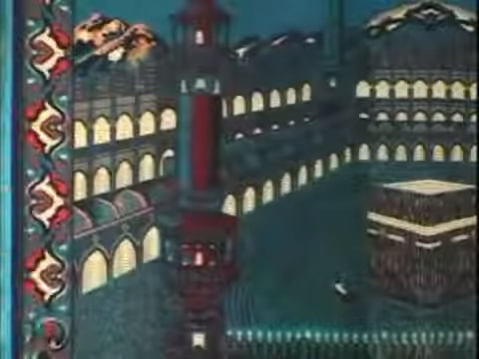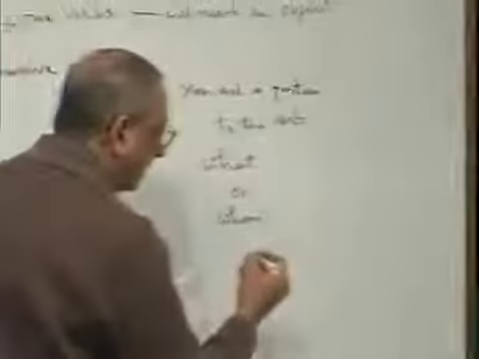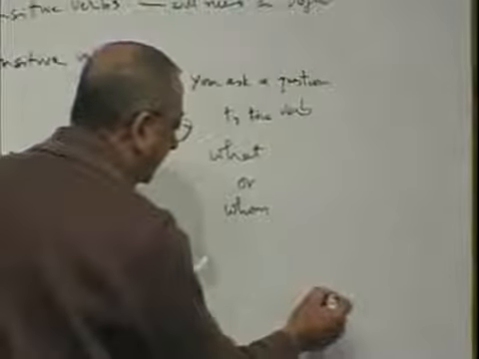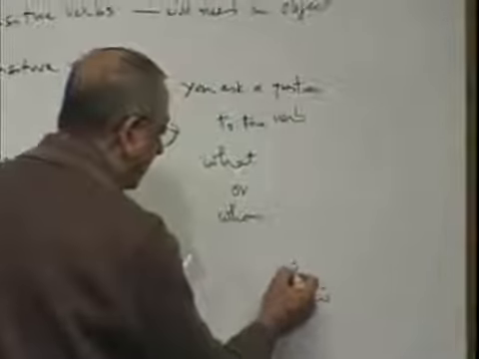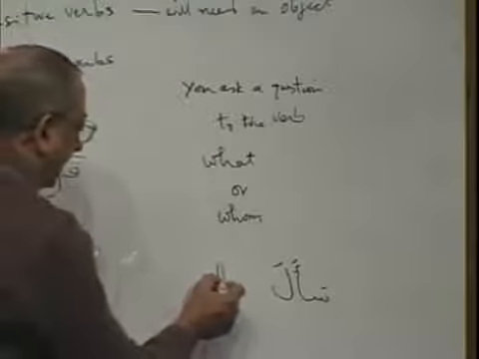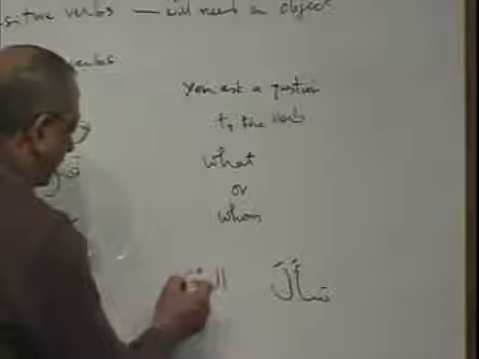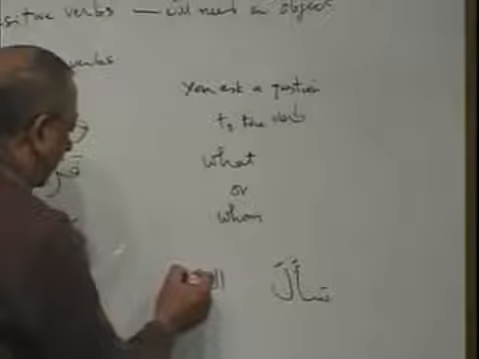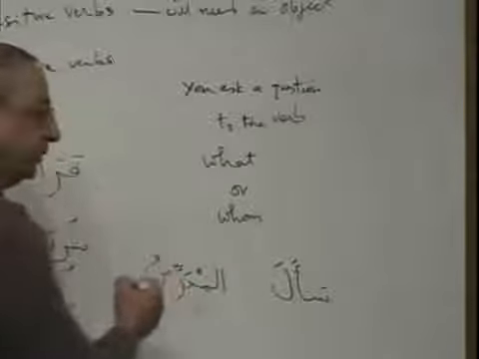Okay, brothers and sisters? So these are some of the examples that I gave you. Now I write down one verb, brother, and then we are going to conjugate it, inshallah. Sa'ala al-mudarrisu.